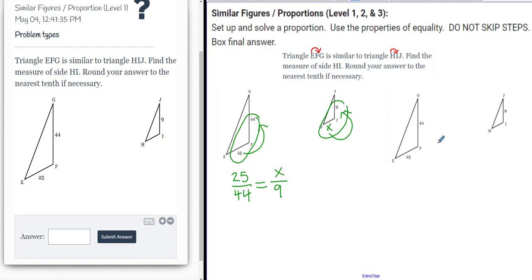Now I'm going to switch over to blue, and instead of doing these two sides, I'm actually going to go ahead and mark this as X, and I'm going to do these as my first fraction.